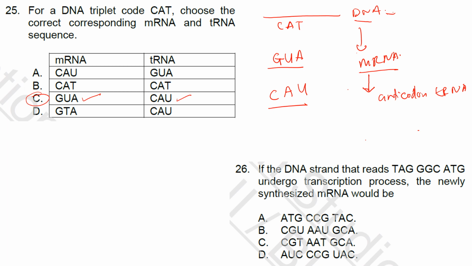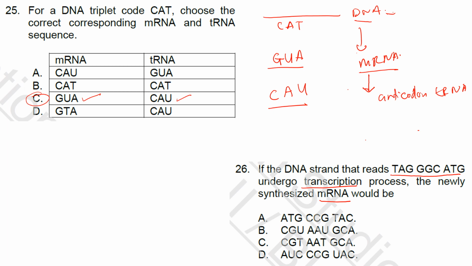Okay, so question 26, if a DNA strand that reads TAG, GGC, ATG undergoes transcription. So this is the DNA strand that becomes the template to synthesize the mRNA. So the sequence of the mRNA will be which one? You just match.